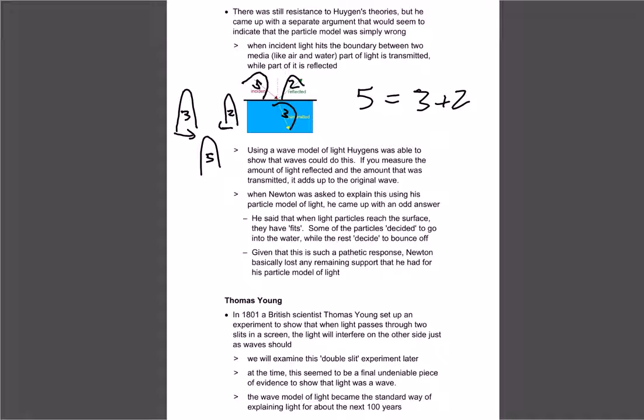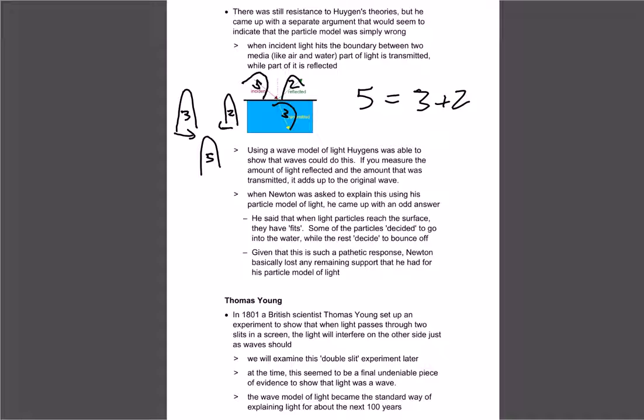Because they're smashing into the water, they get all excited and have a fit, bouncing around. Some of them decided to jump off and get reflected. Other ones decided to go through. And at that point, since it was such a pathetic response, Newton lost any support for his particle model. Then it was quite a few years later that people started following the wave model.